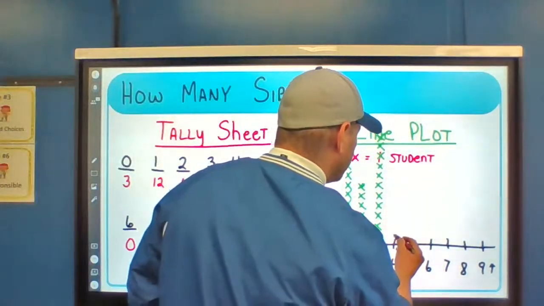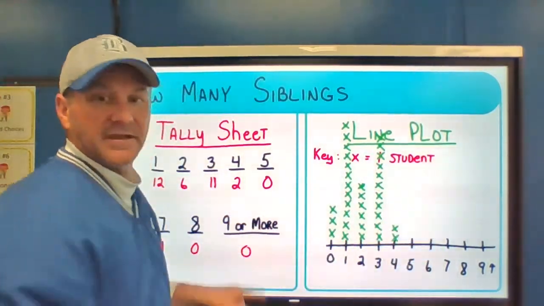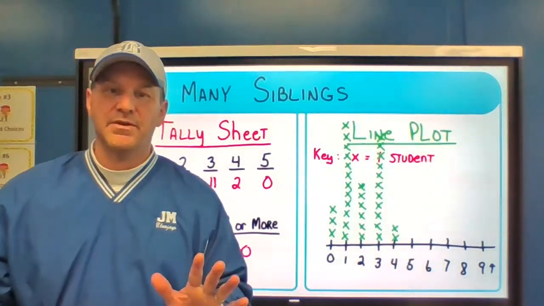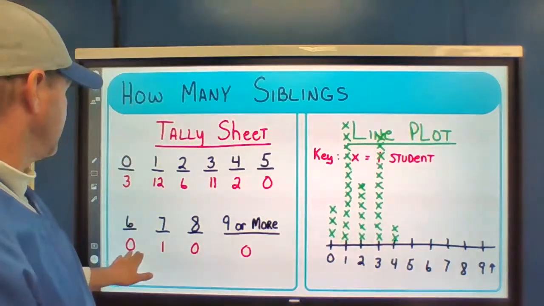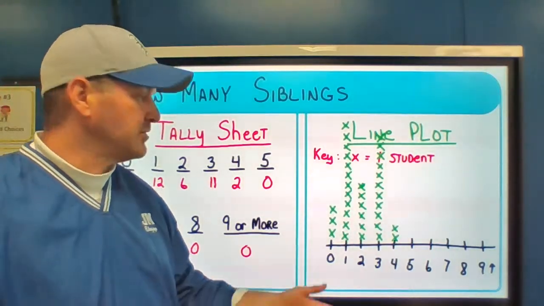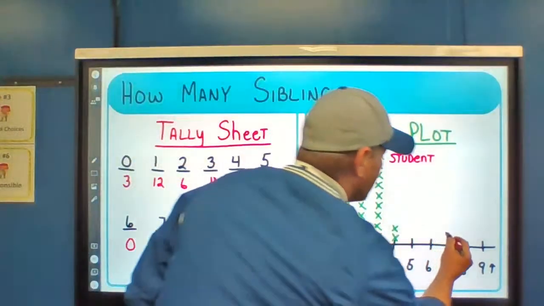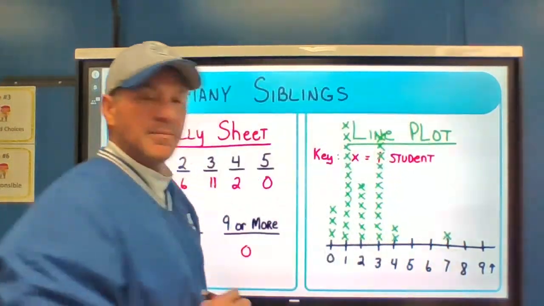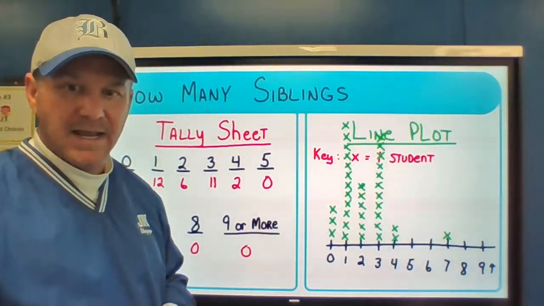There was 2 of you. At 5, nothing, 0. Nobody had 5 brothers and sisters, so I don't put anything there. I just leave it blank. 6, same thing. Nobody had 6 brothers and sisters. I leave it blank. 7, 1 person. 1 person had 7 brothers or sisters. Nobody had 8, and nobody had 9.